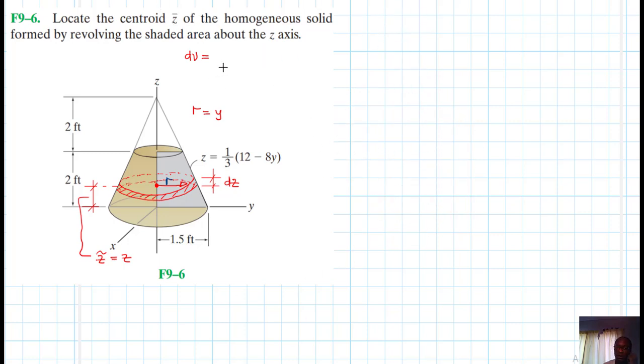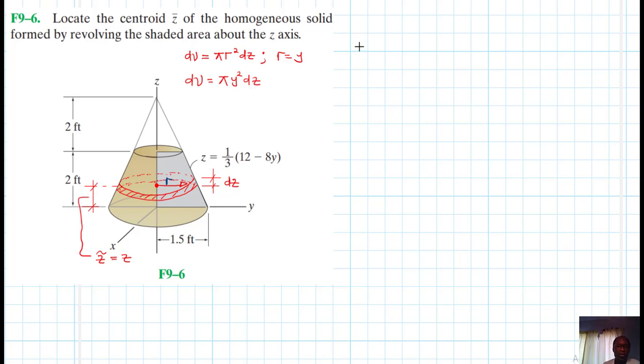So our dV is just equal to pi r squared dz, but we know that our r is equal to y, like we said initially. So dV will just be equal to pi y squared dz.